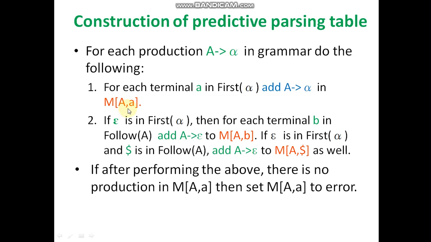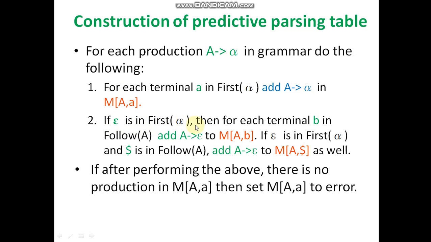The rows are headed by the non-terminals and the columns are headed by the terminals. So A is the non-terminal, so the row is A and the column is small a, because we have the head of this production as capital A. Therefore for each terminal small a in the first of alpha, add A gives alpha in the A row and small a column. So this is the first rule.